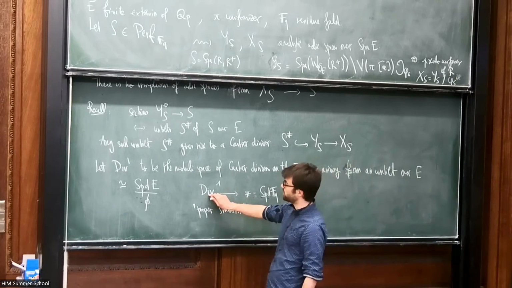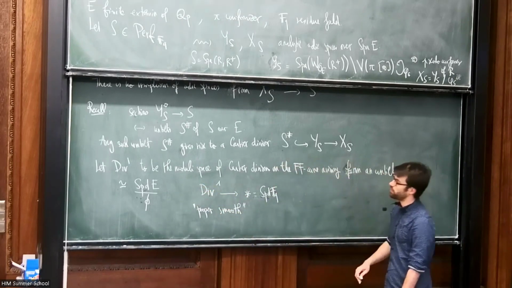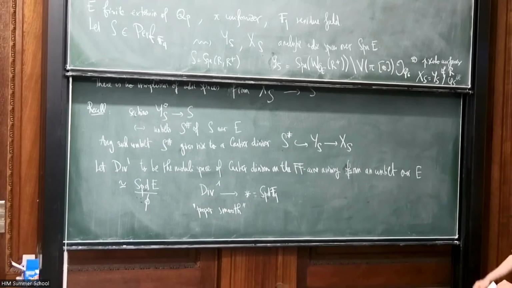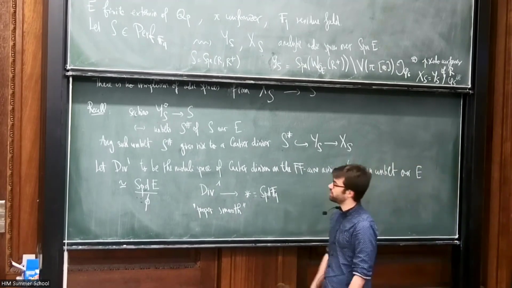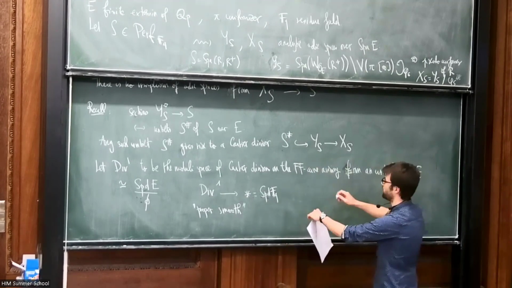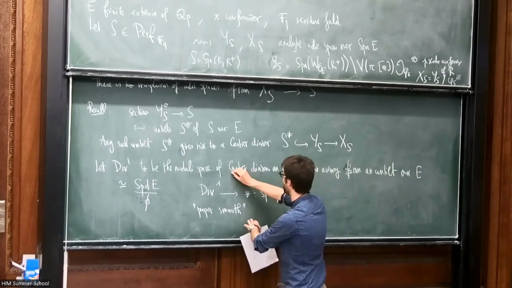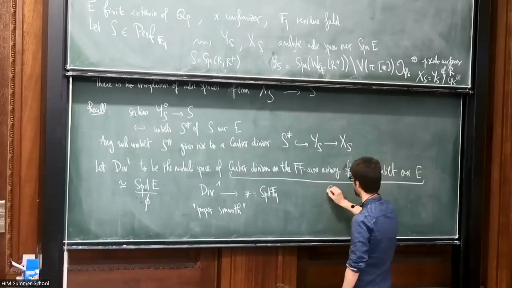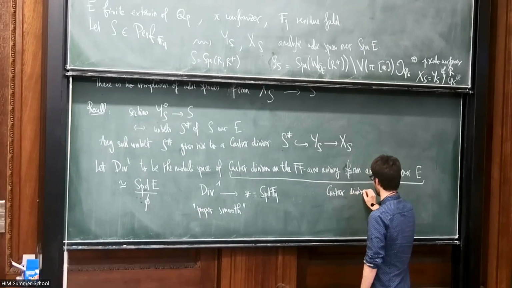But note that it's not the same thing as the Fargues-Fontaine curve. This is in contrast with what happens for usual curves in algebraic geometry. Maybe I give a name to this kind of divisor, a name which I will try to justify later. I will call this Cartier divisors of degree 1.